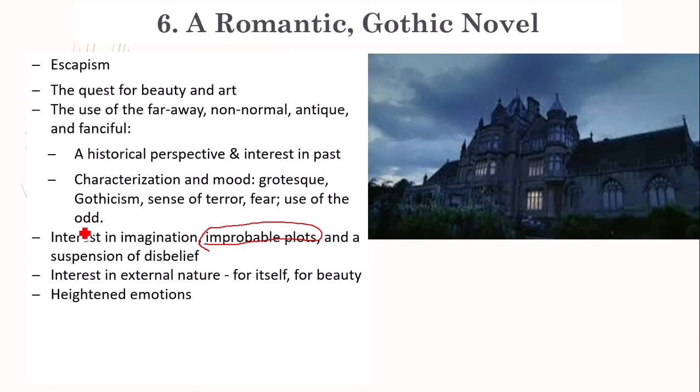Heightened emotions, definitely something to look for in this book, especially since we're seeing it from Jane's perspective, first person. So she's not only got very strong emotions, but she's telling us about how she feels, which again, before this period of time, it would be more likely to be logic and reason having more importance than emotion.